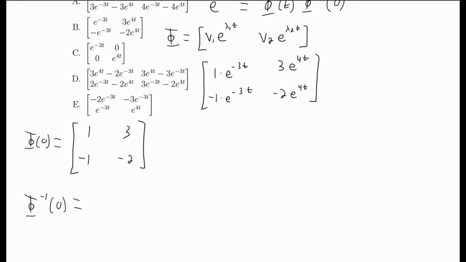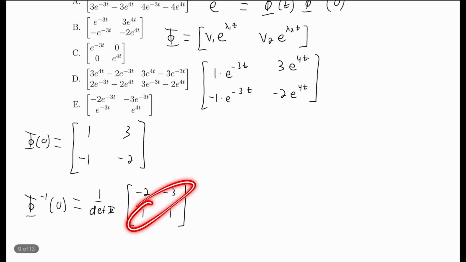is equal to 1 over the determinant times negative 2, 1. Remember, we swap those two terms, and then we negate the other two terms, so 1 and negative 3. The determinant of this matrix is these two terms minus those two terms, so that's negative 2.